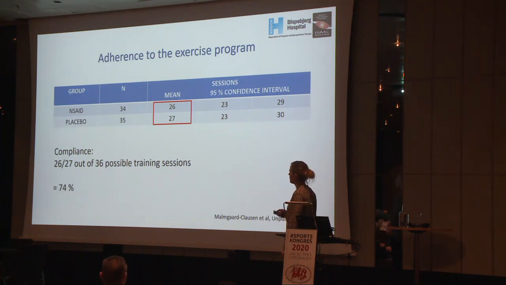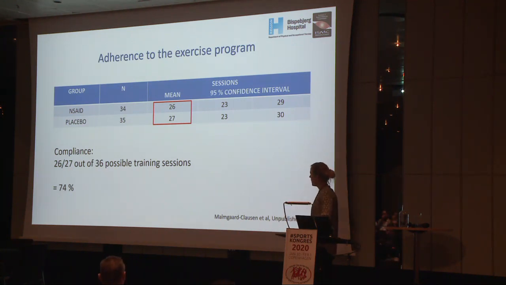From this study, we know that they had 36 possible training sessions, and out of these, they performed 26 or 27, and that equals 74%. And actually, we thought that was pretty good.